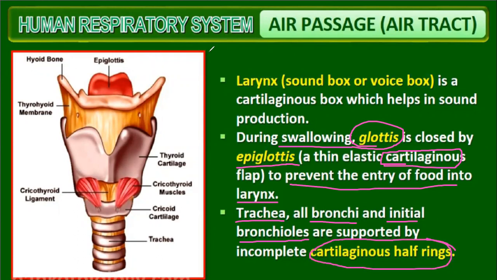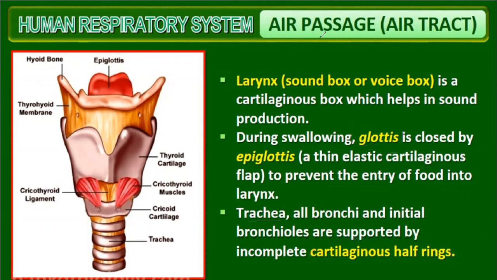This is the trachea, supported by cartilaginous rings which keep it in position. That is why even though there is no air inside, it does not collapse.